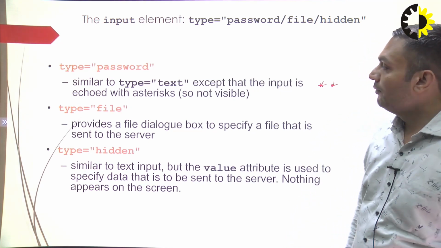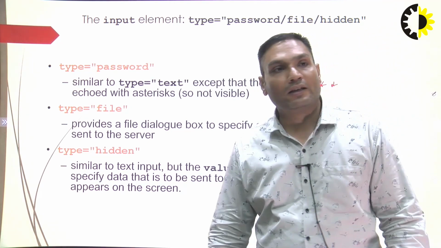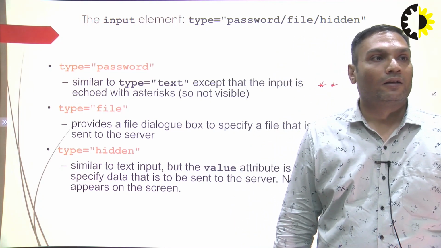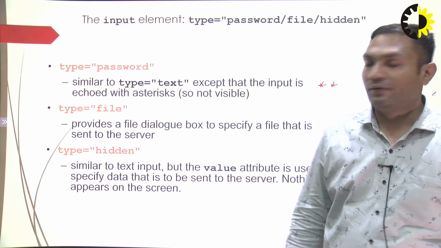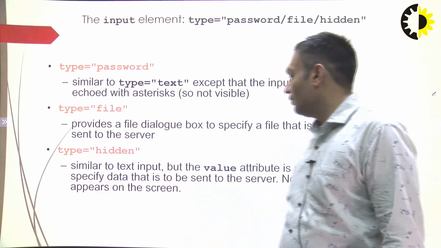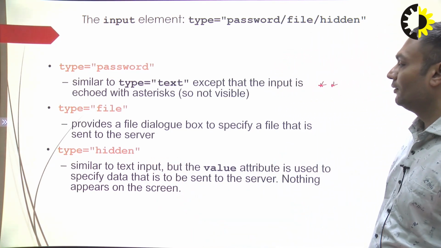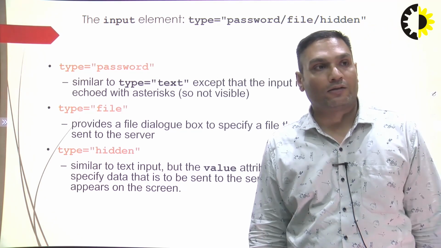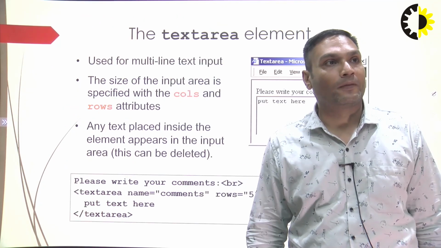If I write input type equals to file, then we can give the user an option to upload a file, which can be sent to the server. If I write hidden, then as I just told you, nothing will be displayed in the input text when we write something.